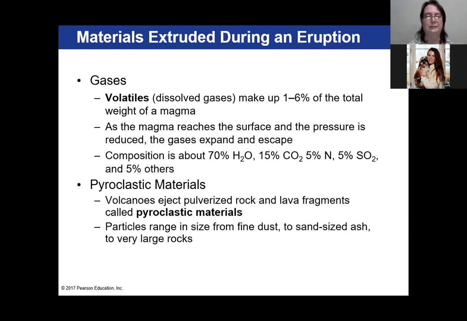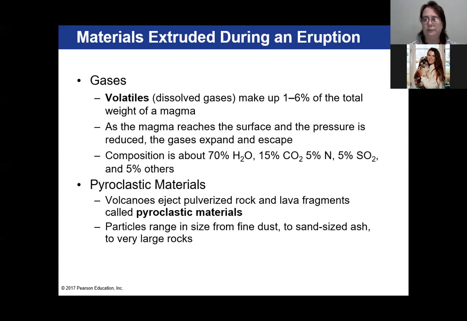So those gases escape. Most of it's going to be water, H2O. Some will be CO2, carbon dioxide. N is nitrogen. SO2 is sulfur dioxide. That's the rotten egg smell. So that's that yellow sulfur I showed you. And then there's a few others. Mostly it's going to be water and carbon dioxide.